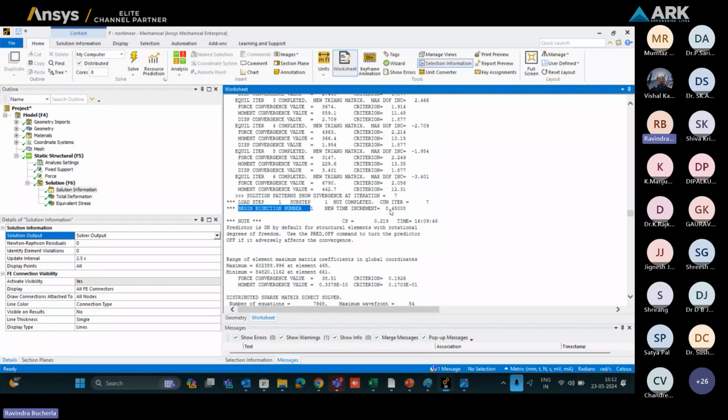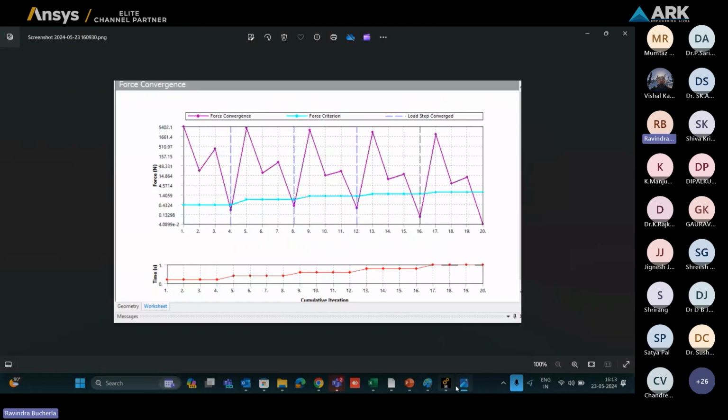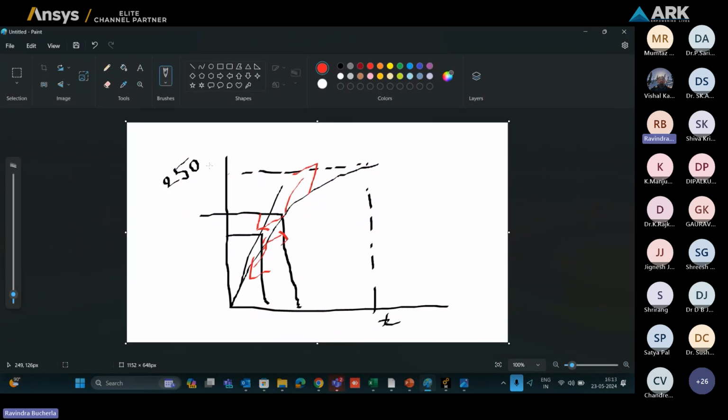Now, instead of taking a time step of 1 second, it took 0.45 seconds. So instead of applying the force as 250 newtons, it took 250 newtons times 0.45, which is 112.5.